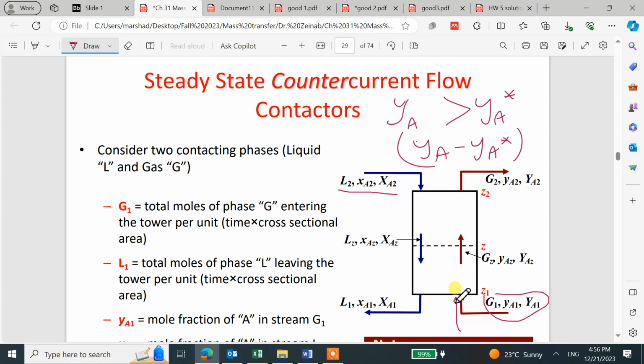So you need a solvent which can take it, so the solvent comes from the top. L is the liquid, which will absorb one component in the gas. So the solvent comes from the top, and the gas comes from the bottom and leaves from the top.